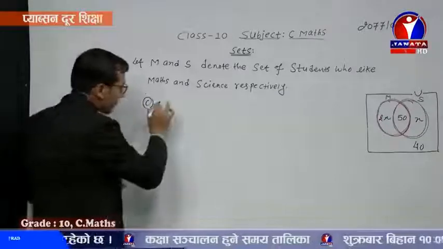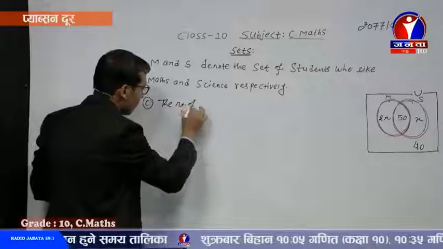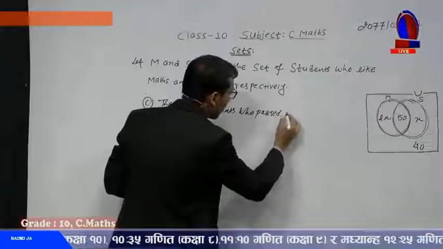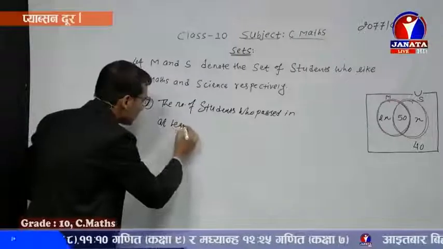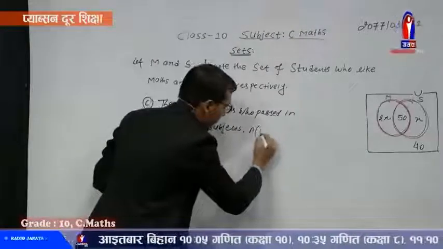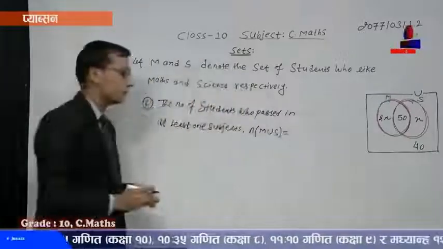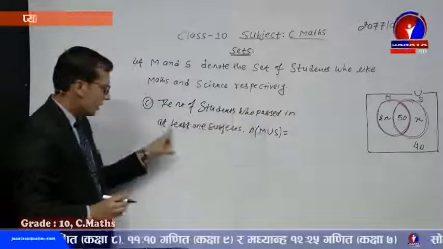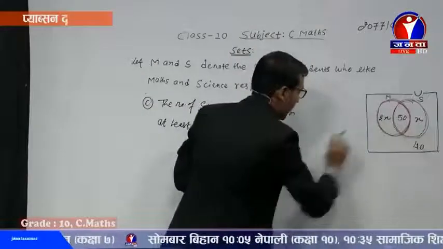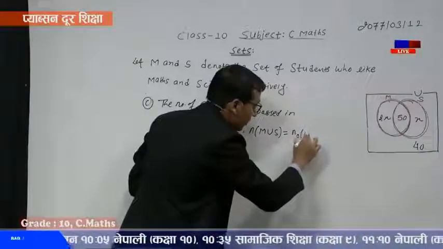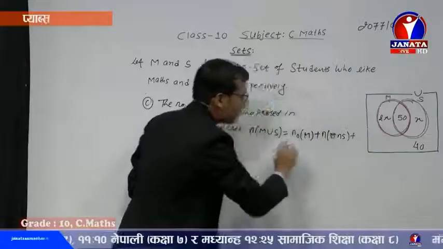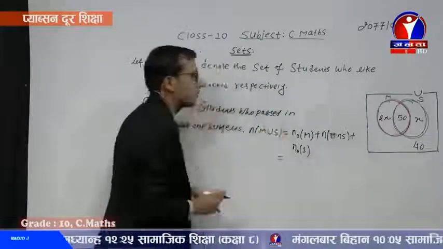So for C, the number of students who passed in at least one subject is n of M union S, which is n only M plus intersection plus n only S. So let's add these different numbers.